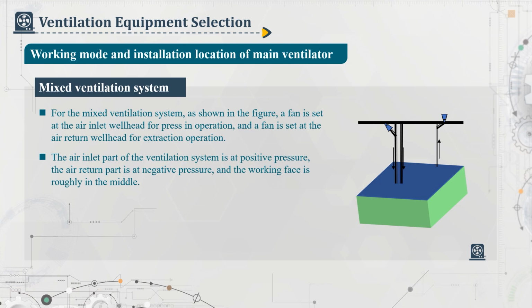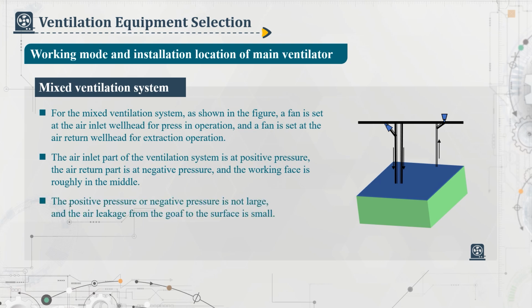The air return part is at negative pressure, and the working phase is roughly in the middle. The positive pressure or negative pressure is not large, and the air leakage from the goaf to the surface is small. Its disadvantage is that it uses a large number of fans and complicated management.